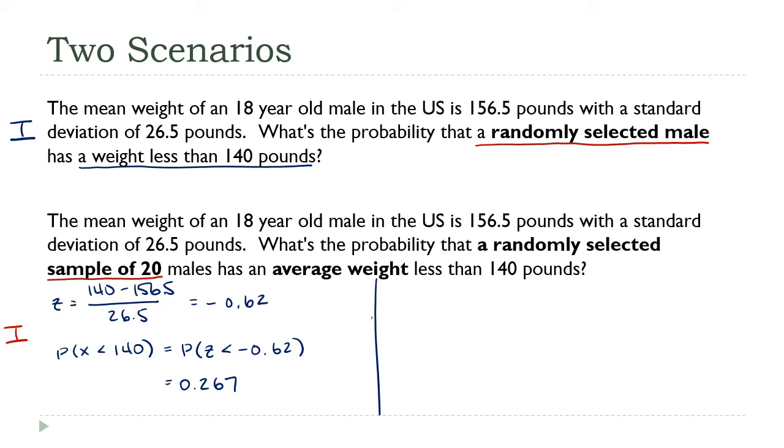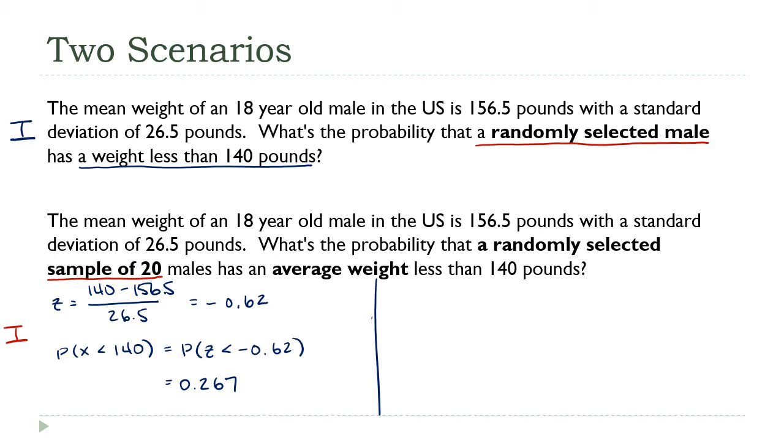This is a central limit theorem situation. First, we're going to confirm the requirements. We're talking about weights. Weights, generally speaking, like many physical properties, are going to be normally distributed. So we don't have to worry about the sample size.